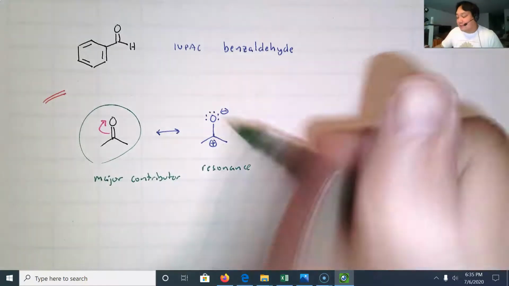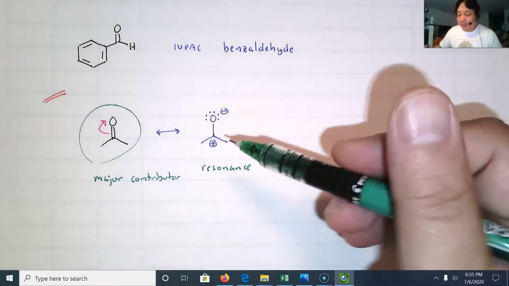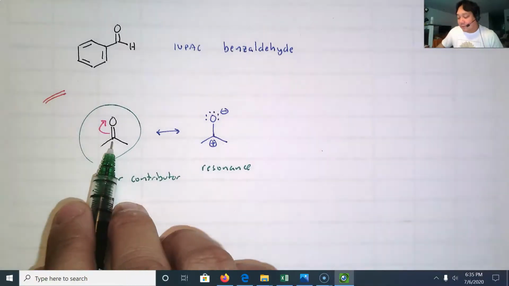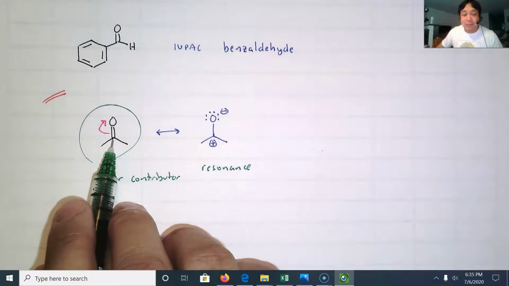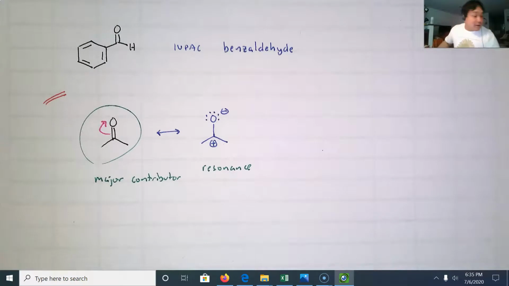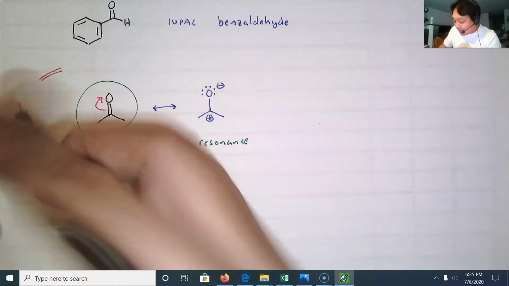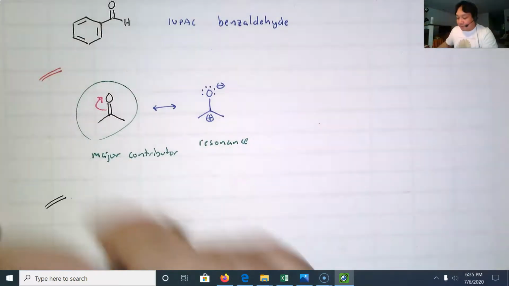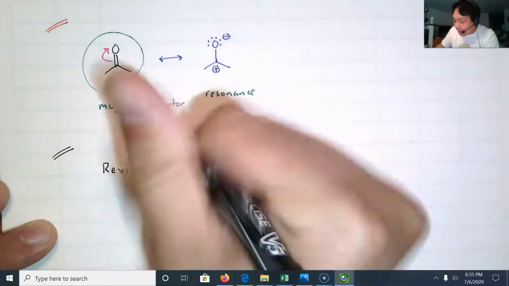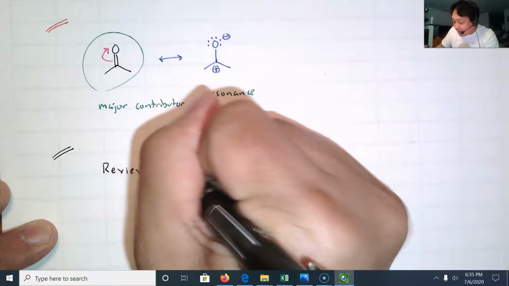Because this resonance is acceptable, and it is true, that carbon is fairly partial positive, fairly electron poor. Now, yeah, I have time. This is going to be a review. We are going to review fairly quickly how to make ketones and aldehydes.